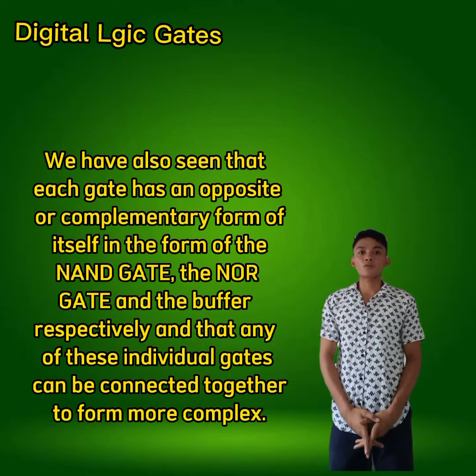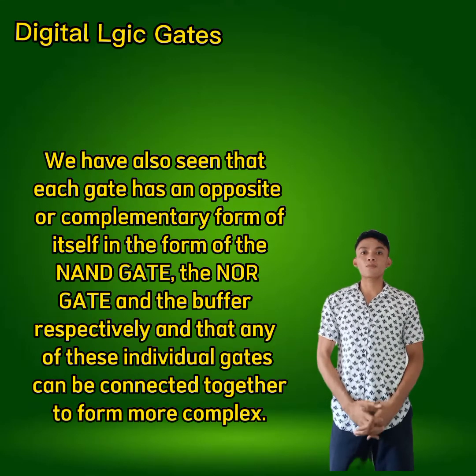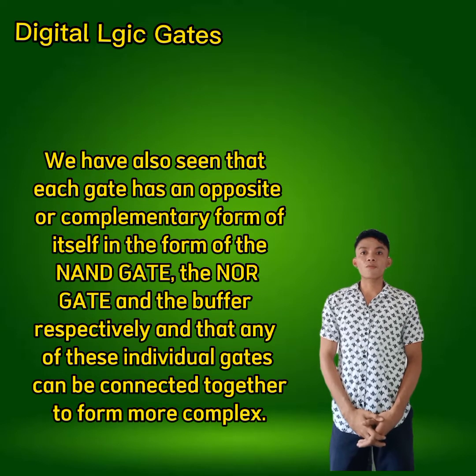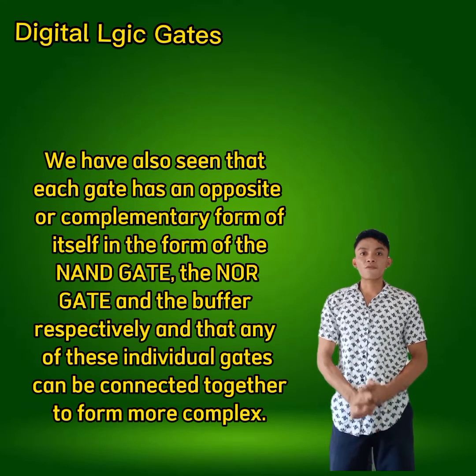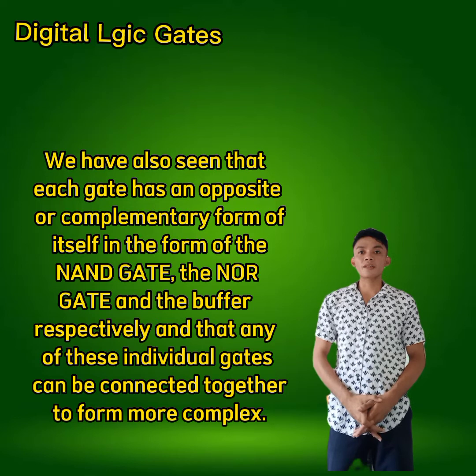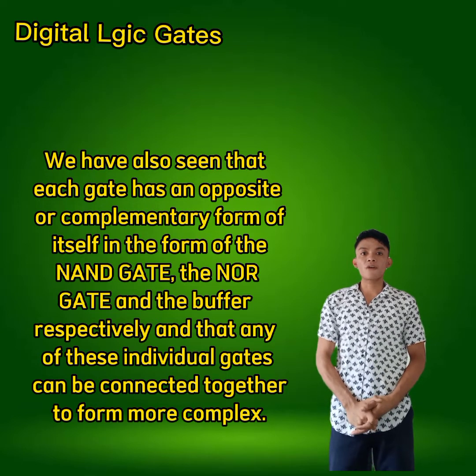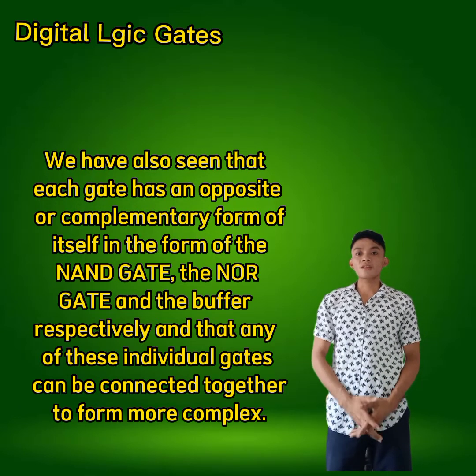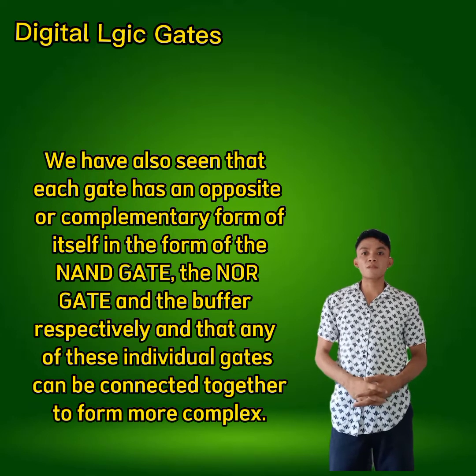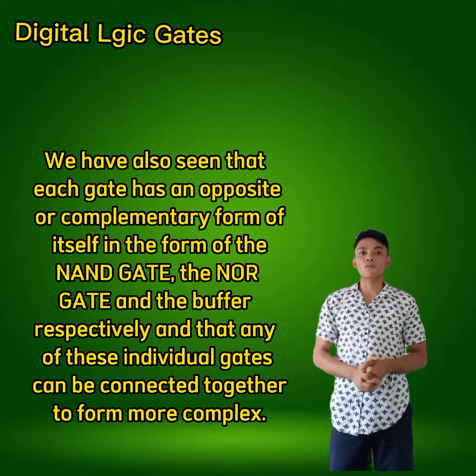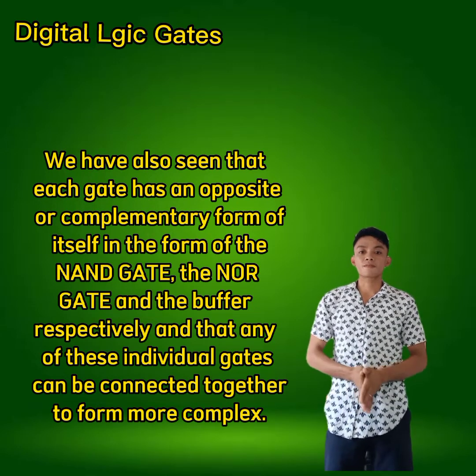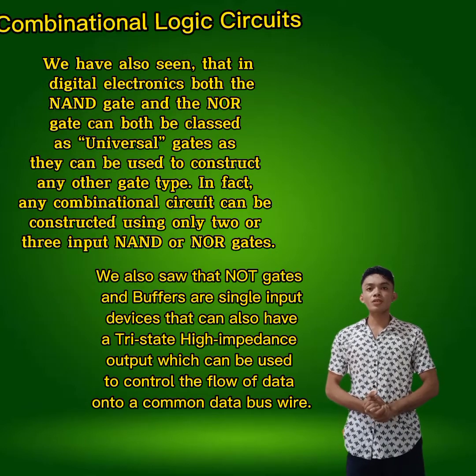We have also seen that each gate has an opposite or complementary form of itself in the form of the NAND gate, the NOR gate, and the buffer respectively, and that any of these individual gates can be connected together to form more complex combinational logic circuits.